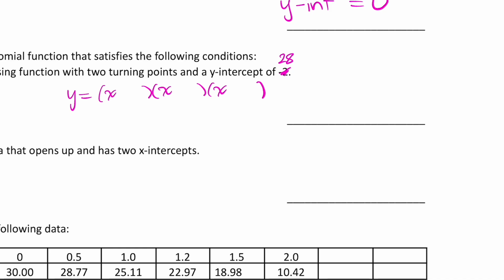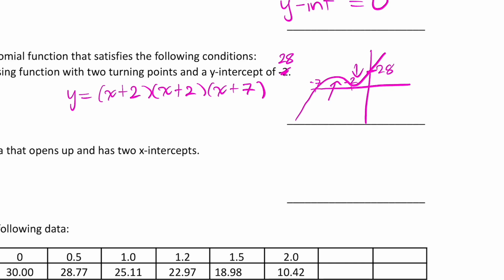If you just go x plus 2 times x plus 2, that's 4 times x plus 7, and you graph it, it'll come up like this, -7 will be down here, -2 will be up here, come up like this, come through, bounce, and then go up. And we've got a turning point there, we've got a turning point there, and then it'll go all the way up, and this will be 28 that intercepts at. So, yeah, hopefully that makes sense.